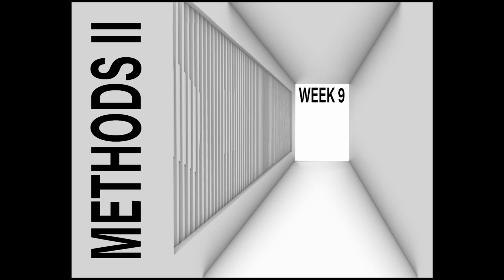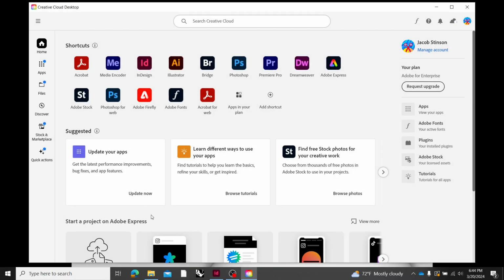Now that we are fairly proficient with using Rhino to design things and model 3D elements, we will be moving into using different softwares. For instance, primarily the softwares that come with the Creative Cloud, Adobe Creative Cloud.